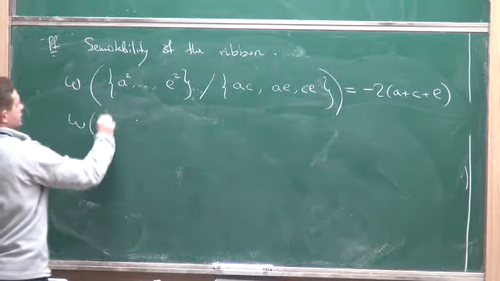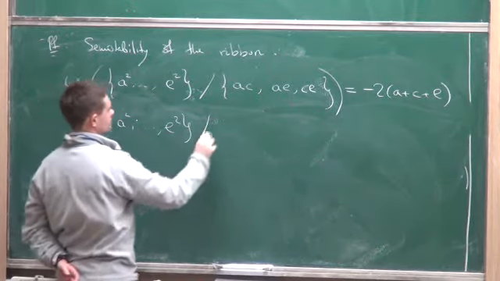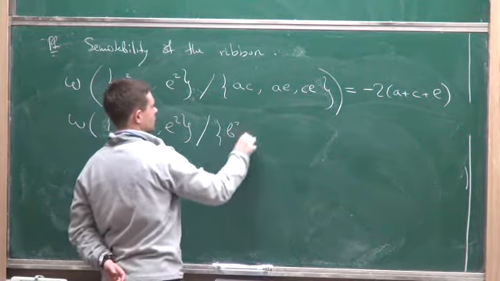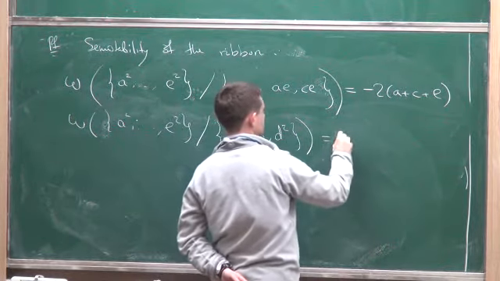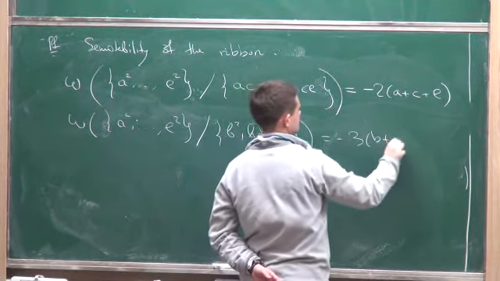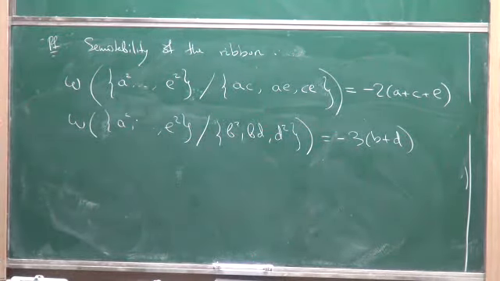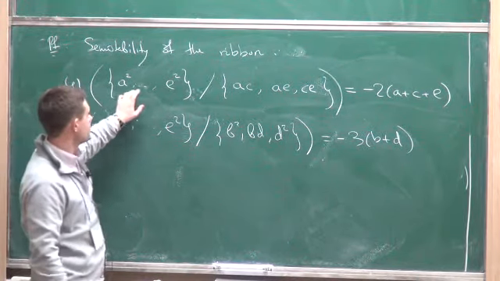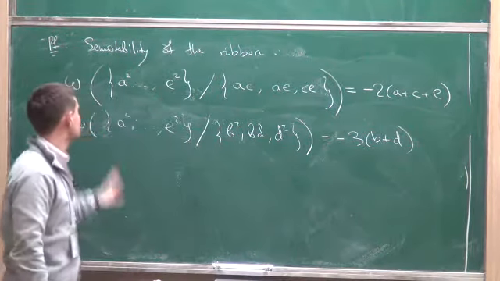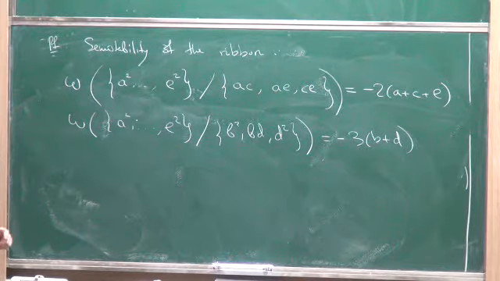And if we throw away three other monomials, namely B squared, BD, and D squared, we get the weight which is -3 of B plus D. And these have the opposite weights. And what this shows is that with respect to any one parameter subgroup acting on the basis A, B, C, D, E diagonally, the ribbon is semi-stable. And the Kempf theorem, which we applied yesterday, allows us to conclude.